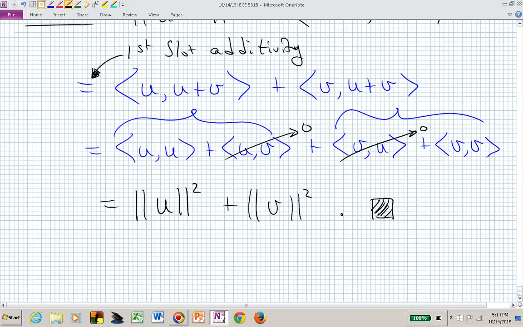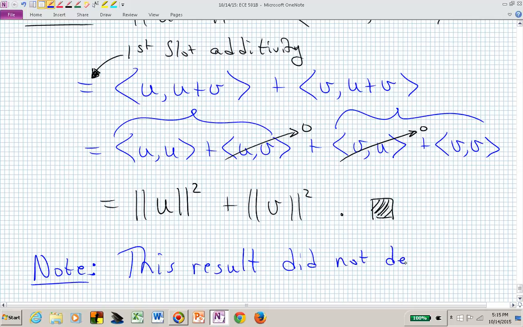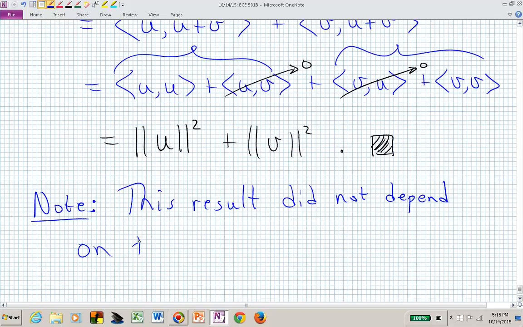Now, with that said, did we have to say anything about the inner product that we were using to create those norms? No, we didn't specify anything about the inner product that was being used in that formula for the Pythagorean theorem. Or this result did not depend on the inner product.